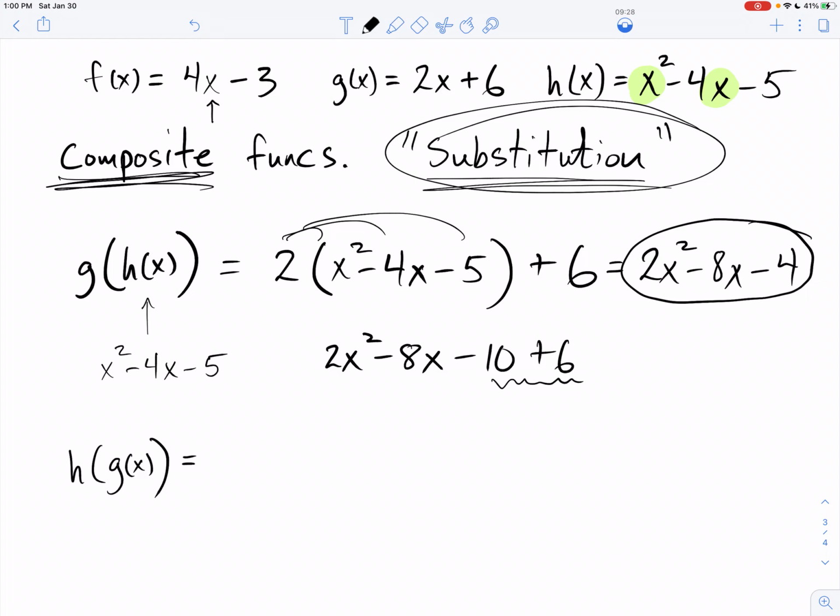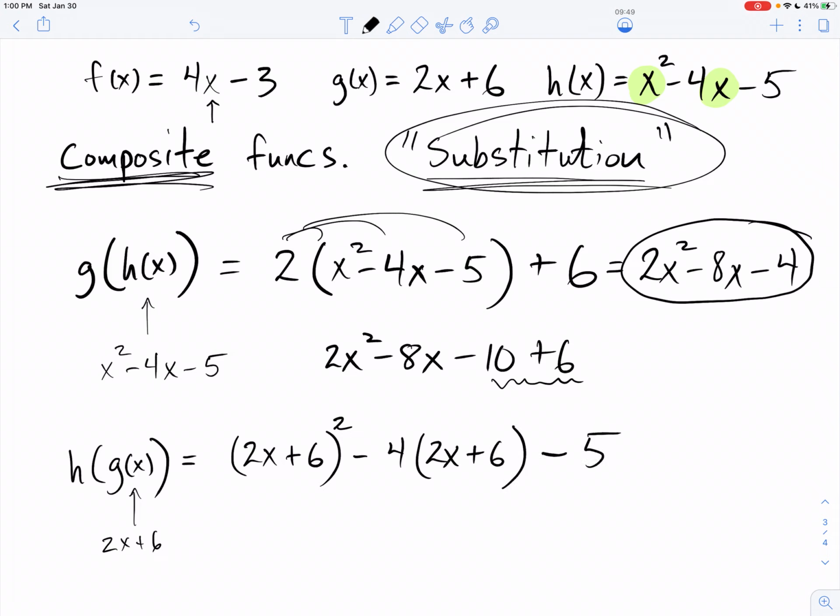So follow along. G. That's what g is. It's going to replace the x squared. So instead of x squared, I got 2x plus 6 squared. Minus, not 4x, but 4 times 2x plus 6. And then what's the last thing h does? Takes away 5. So everywhere you see that x, I replaced it with g.